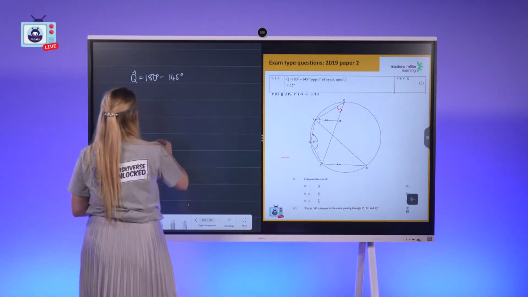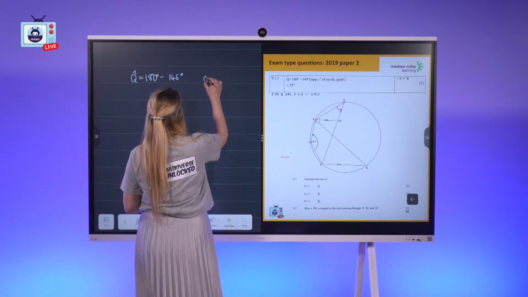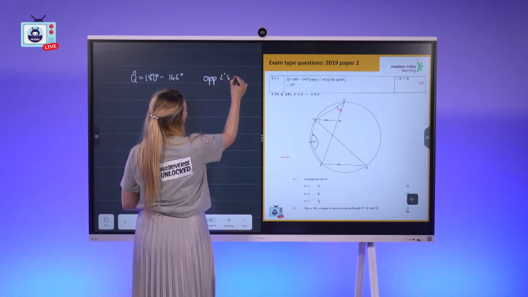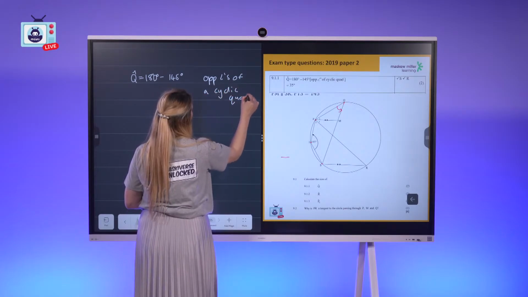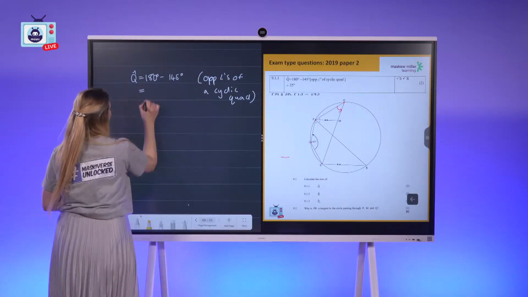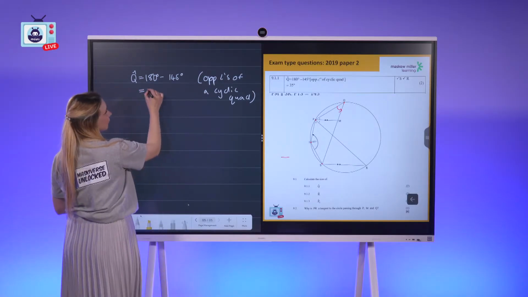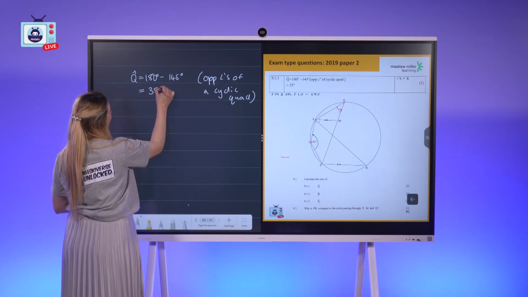Our reason is opposite angles of a cyclic quad. That gives me 35 degrees.